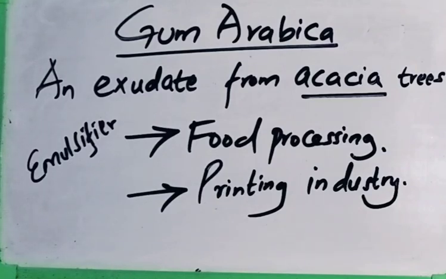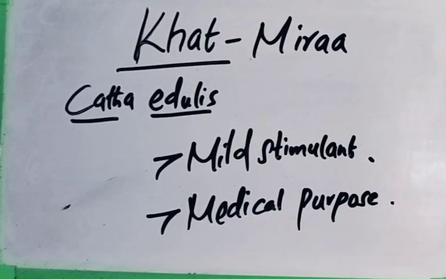Khat. This is Khat or Miraa. Scientifically, we can talk about that plant as Catha edulis. That is where it is gotten from. And then it is used as a mild stimulant, and of course in medical purposes, manufacture of drugs.